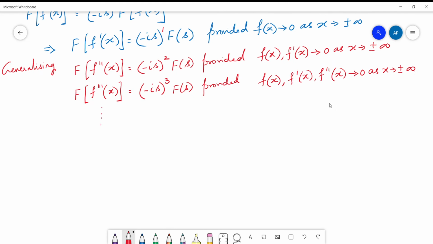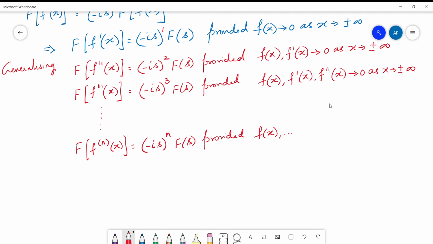Generalizing this for the nth order derivative, the Fourier transform of f n of x, the nth order derivative, is minus is whole to the power n into f of s, provided what conditions are true. You have to start with f of x and go to one less than what you are finding.